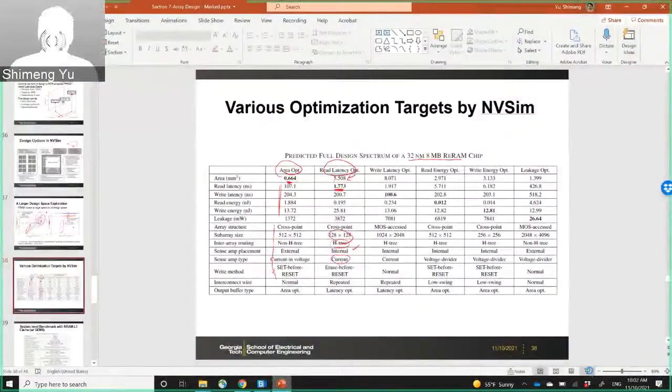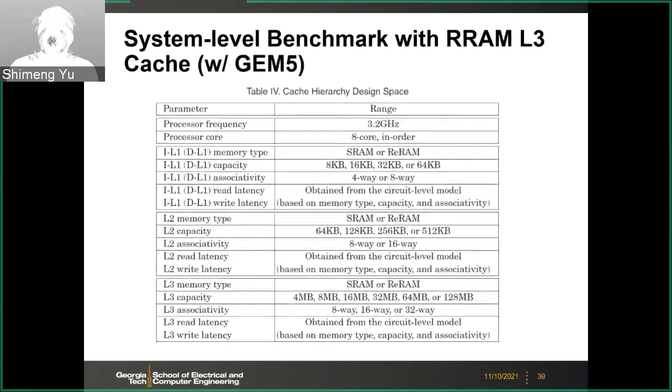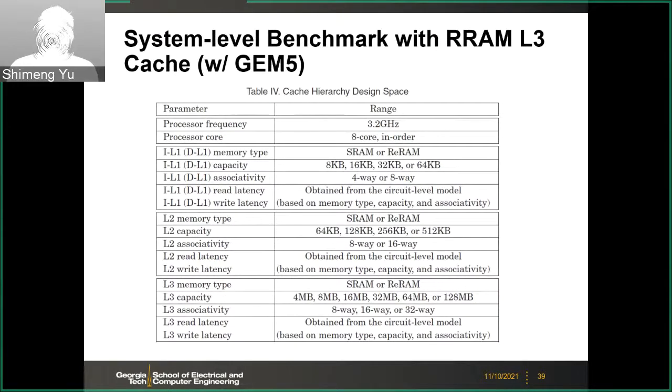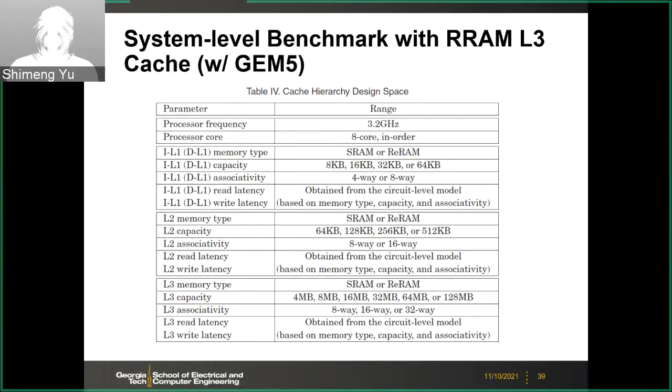Okay, then next we will address the question whether this ARM-based cache would be useful or not, assuming endurance is not a problem. To address this issue, you have to do a system level benchmark. Because what we discussed so far, this NVSyn, is a circuit level model.